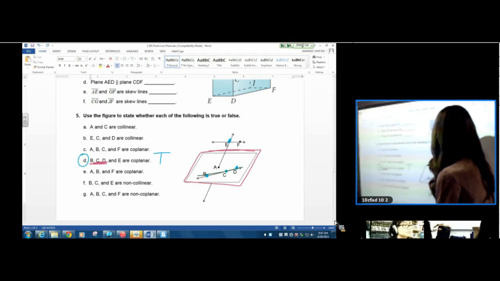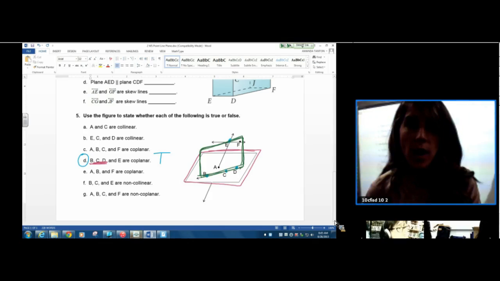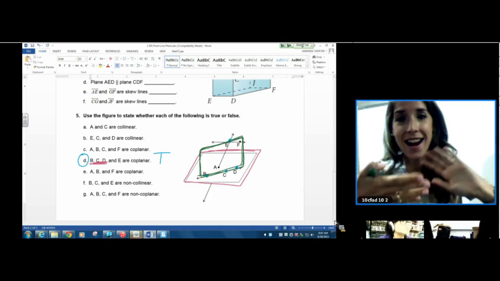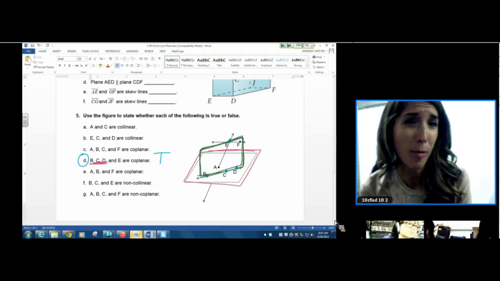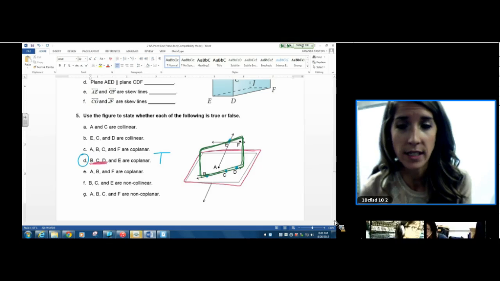So I could go up here, I could grab E, and look at that green plane. Because they're in a row, I can pivot the plane, and I can rise up, and I can go grab point E. And like I said, we're going to talk about that more in our lesson today.